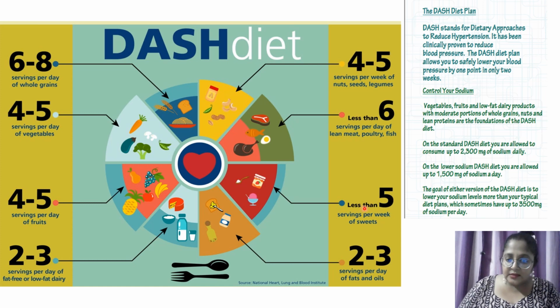Now coming to the DASH diet plate, for a healthy heart, which is our center focus, we have to take less than 6 servings of lean meat per day, less than 5 servings of sweets per week, 2 to 3 servings of fats and oils, and that too good fats and oils, 2 to 3 servings of good low fat dairy products, 4 to 5 servings of fruits, 4 to 5 servings of vegetables, equally fruits and vegetables, lots and lots of green leafy vegetables and other vegetables, 6 to 8 servings of whole grains, and also 4 to 5 servings per week of nuts, seeds, and legumes.